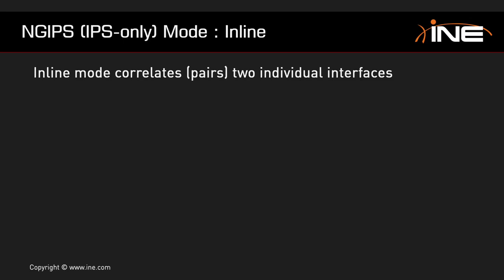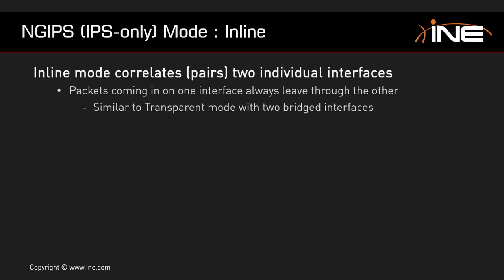which is configured by correlating two interfaces into an interface pair. And as a result of doing this, the traffic received on one interface in a pair is always going to be forwarded to the other port in the pair.